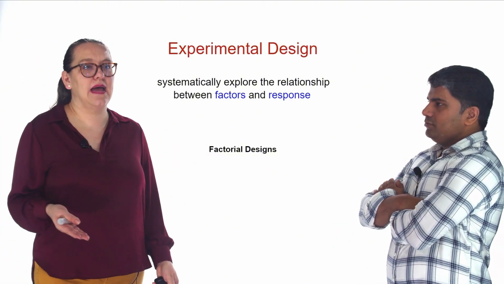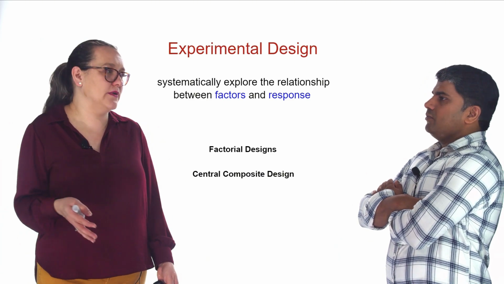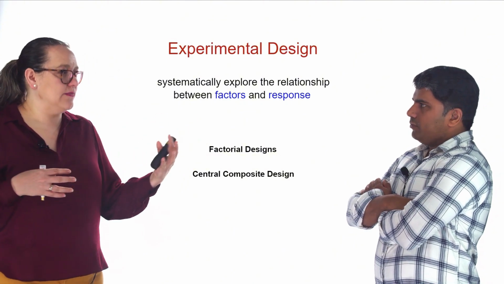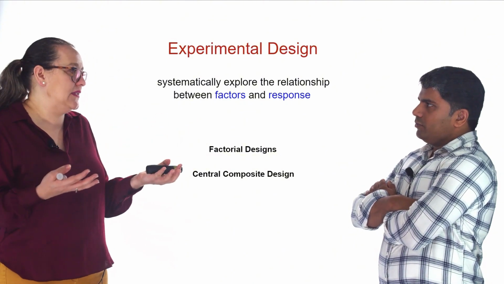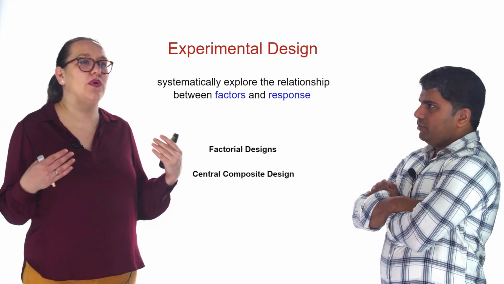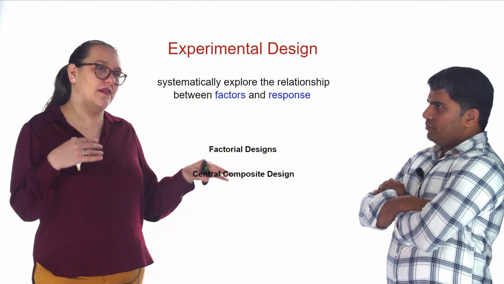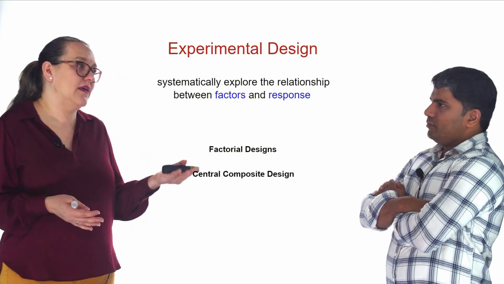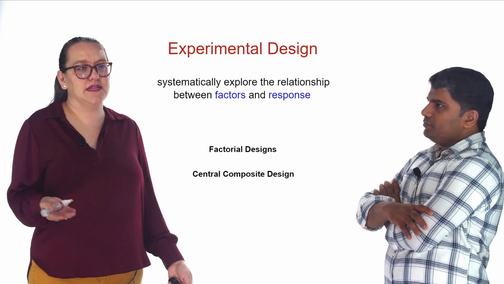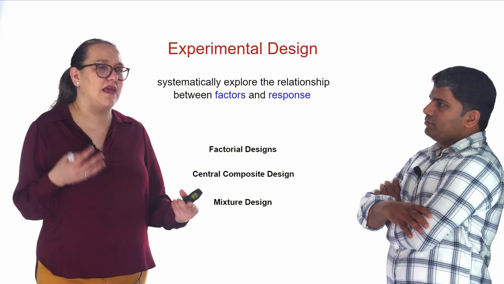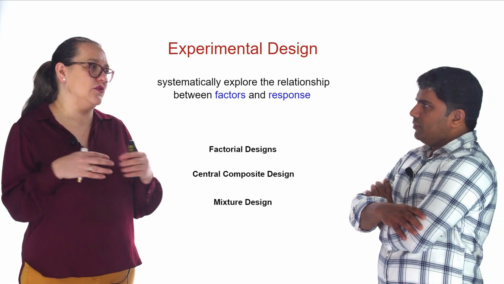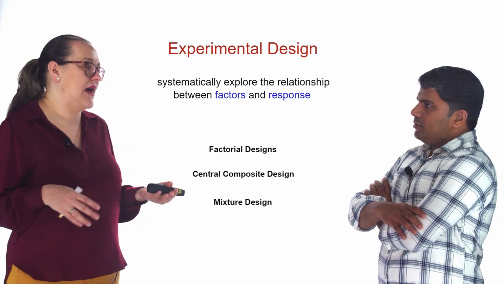We have other designs, like the central composite design, that help you build a model to predict response values at levels you didn't test, and is aimed more at optimization. So we may start with a factorial design and then end up with a central composite to define the settings that optimize the response. And we have other designs like the mixture design, common when you have a recipe with a percentage of each ingredient, and the sum is 1 or 100 percent.